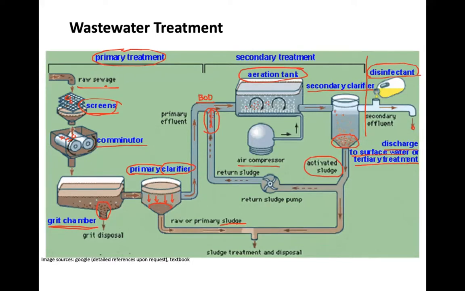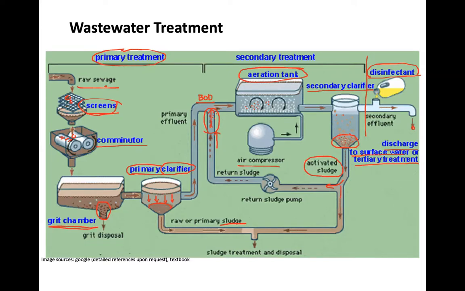Okay, so we can split a fraction of it and send it back into the inlet of the aeration tank, right? So basically we have a lot of bacteria at the bottom of the secondary clarifier, we can split a fraction of it, send it back into the aeration tank, to enjoy the unlimited organics or unlimited food again.